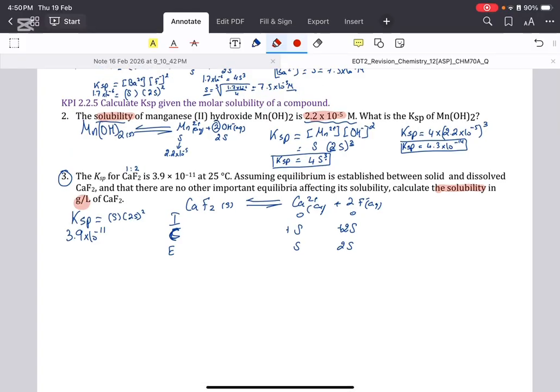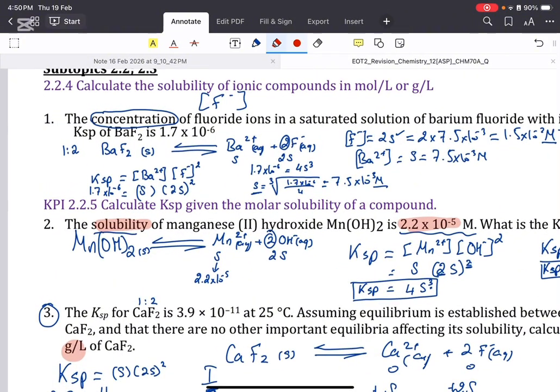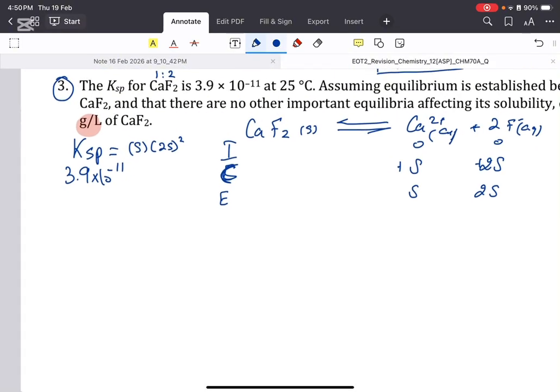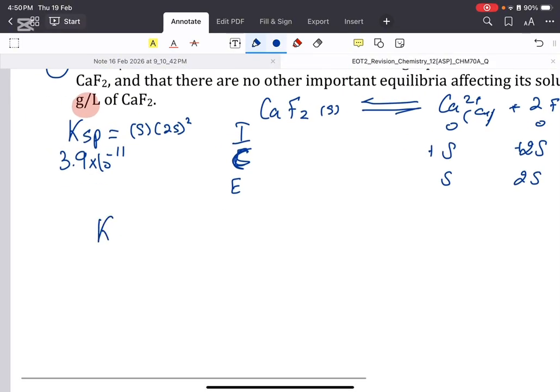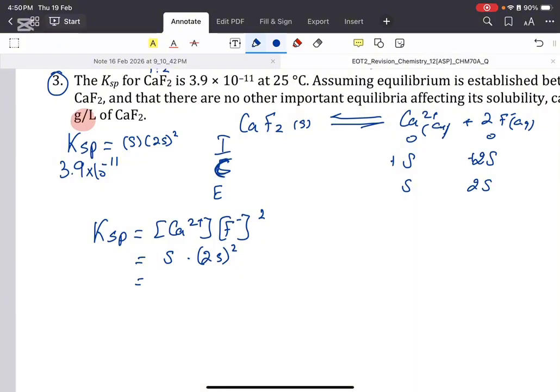So I'm going to do exactly the same thing I did up in here by calculating solubility, but I will convert it eventually to gram per liter. So again, I begin with the expression of KSP, which is calcium multiplied by fluoride square. I'm going to substitute with S, and it's going to be 4S cubed.